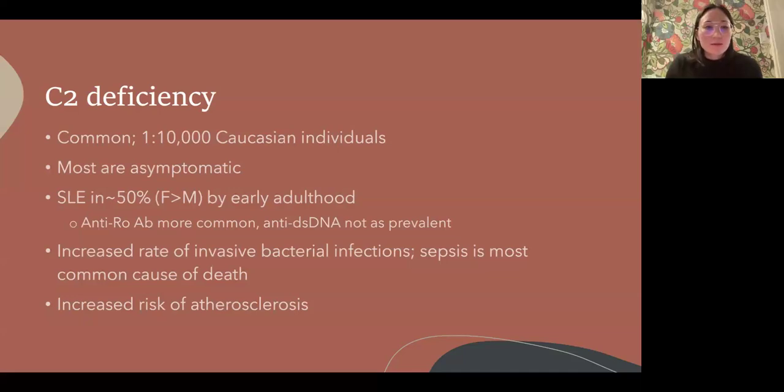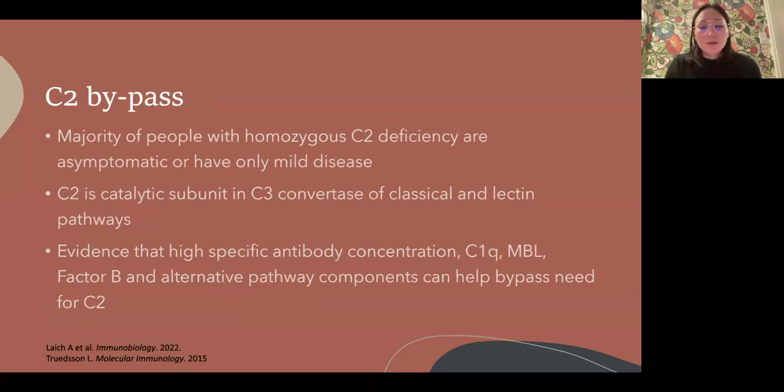Yep. So this next slide I didn't go through in great detail, but there are some proposed mechanisms by which these patients are asymptomatic. So even if you have this homozygous C2 deficiency, people do pretty well. So just a reminder that C2 is this catalytic subunit in the C3 convertase of the classical and the lectin pathway. It's shared by both of them.